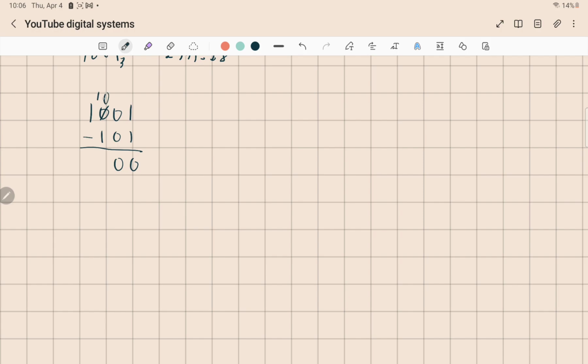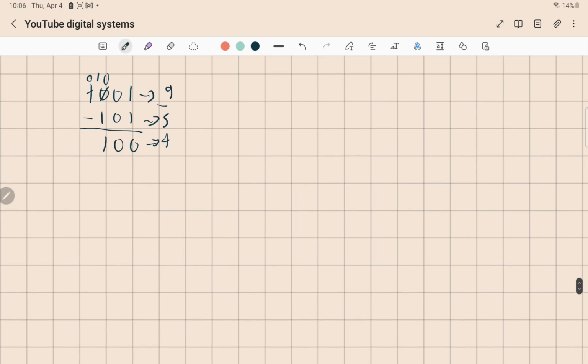This becomes 10. And this becomes 0, because we're borrowing from this. And then 10 minus 1 is 1. You can see this number was 9. This number was 5. 9 minus 5 is 4. This is 4. So it's that simple.